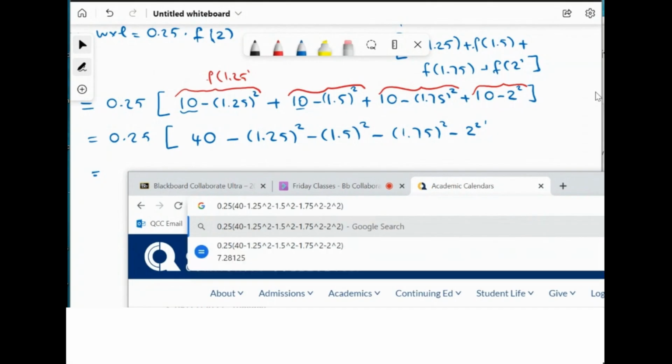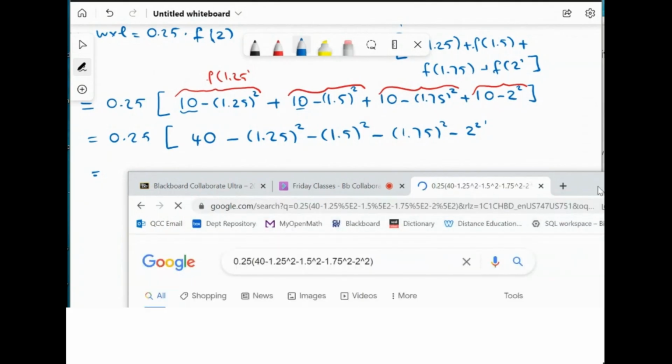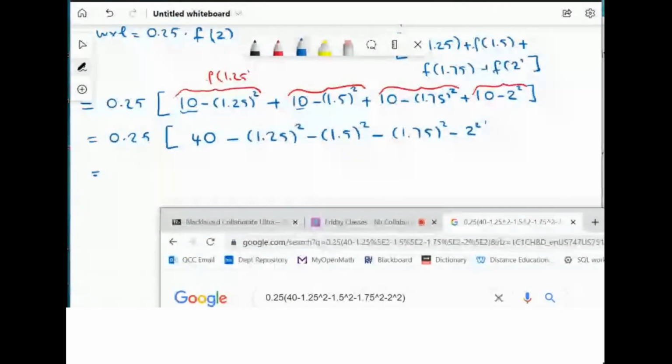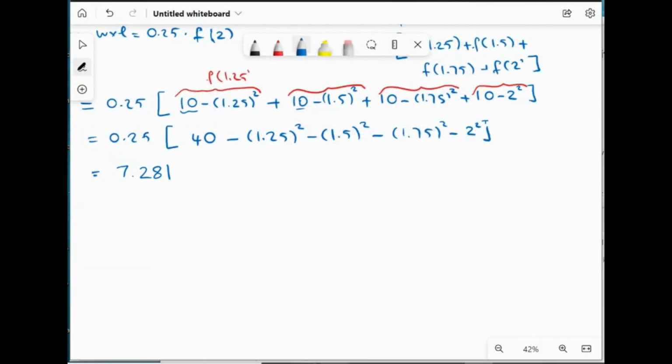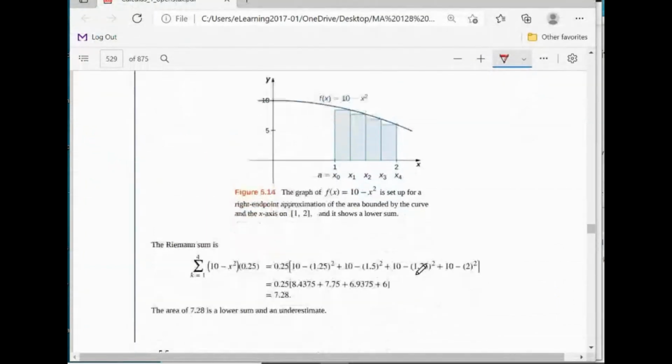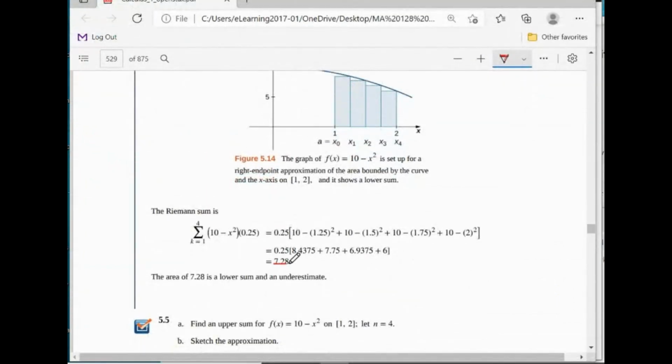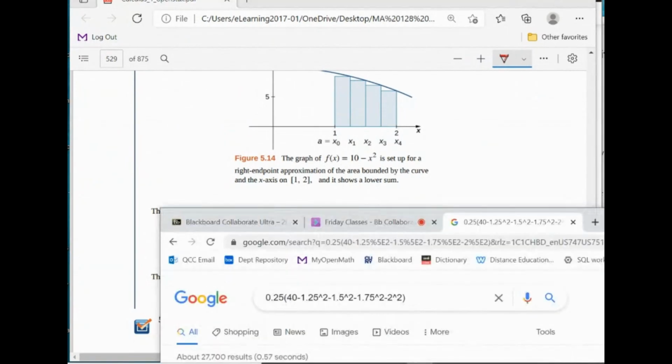For completeness, I didn't replace 2 squared with 4, so just subtract these values. Let me just hit enter. It found 7.281. Let's double check. Yes, so we got the same thing, 7.28, right?